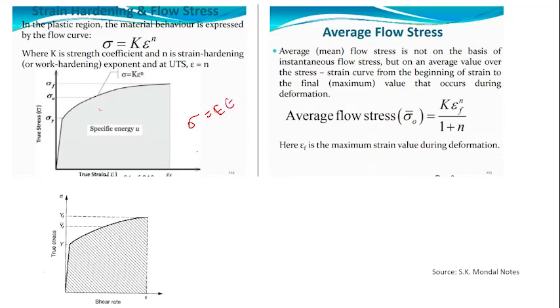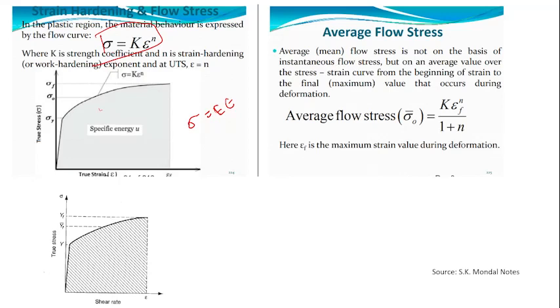After your elastic zone, when we move to the plastic zone, this is your relationship between stress and strain, because strain hardening will start. So this is your relationship in the plastic zone.